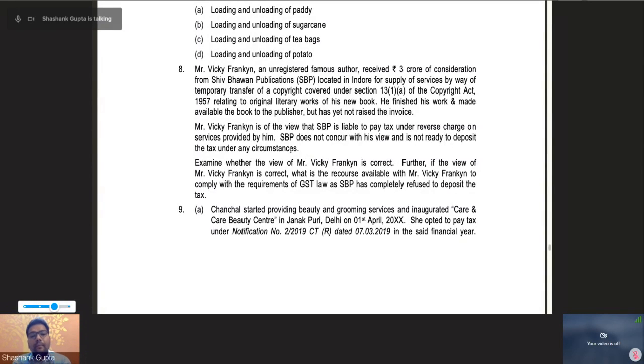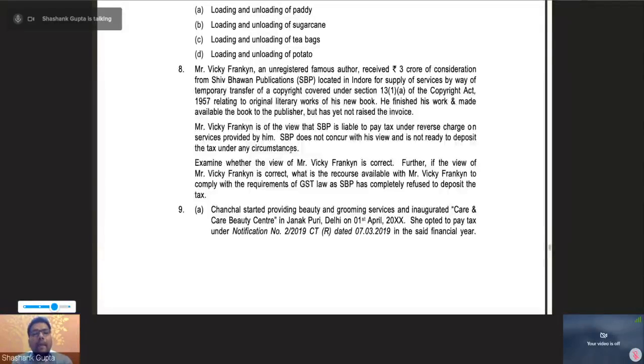So this, my dear friends, we have discussed as an amendment, wherein in case of reverse charge we had discussed that earlier, for the services extended by an author by allowing the use of his copyright, the liability to pay tax is on the publisher.